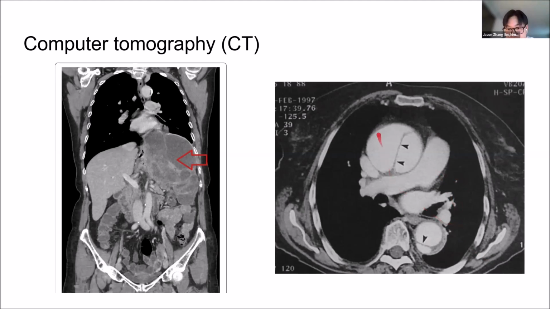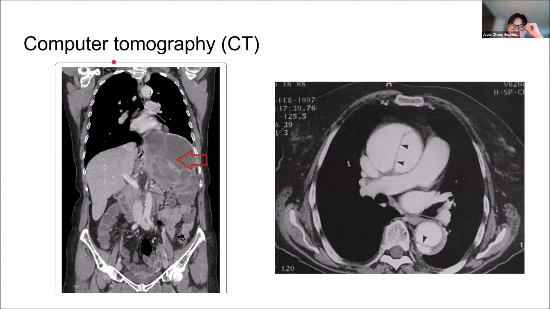You can see the ascending aorta here has a pretty big dissection in the wall. Here's the descending aorta, and here's the pulmonary artery. It's a pretty big dissection. Also for CTs, to orient yourself, the images are flipped, so the right side will actually be on the left side of the image.